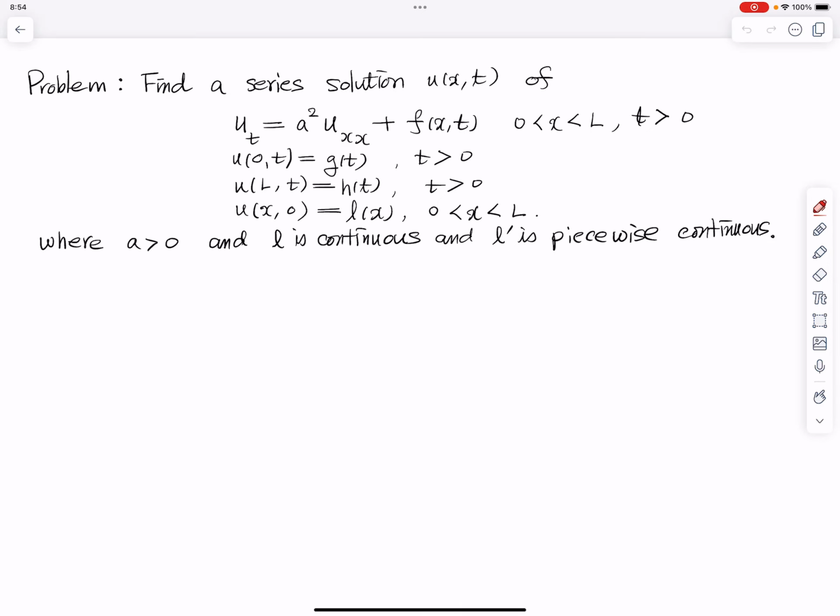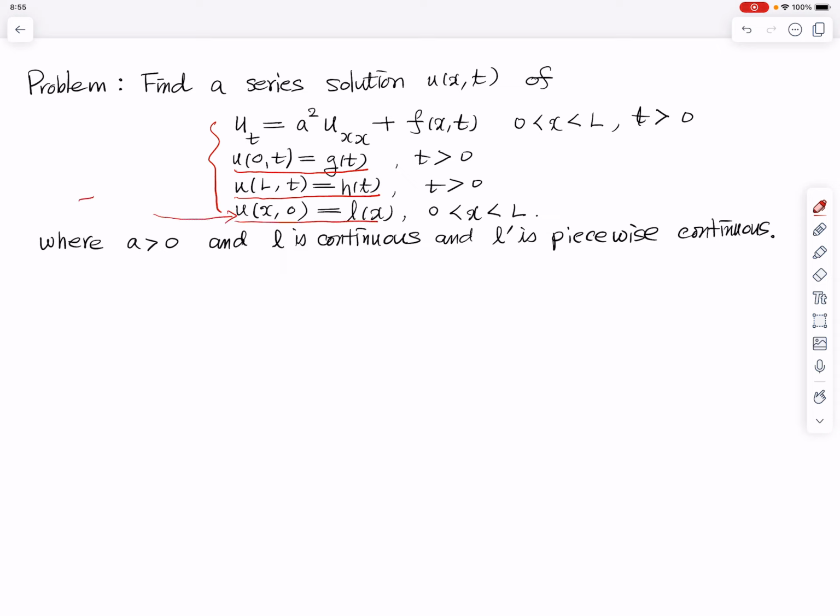Hello everyone. Today we are going to talk about a series solution u(x,t) of the following equation. This is a heat equation: the partial derivative of u with respect to t equals a squared u_xx plus f(x,t), with the boundary conditions u(0,t) = g and u(L,t) = h, and the initial condition.